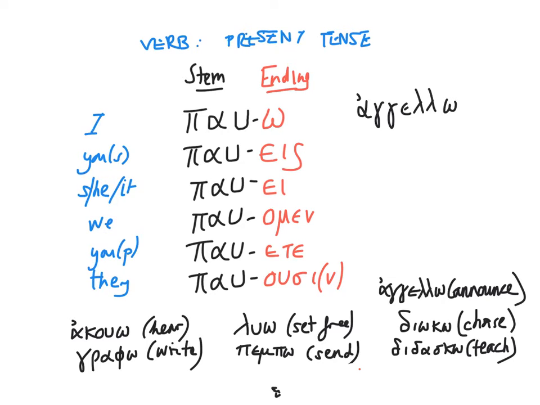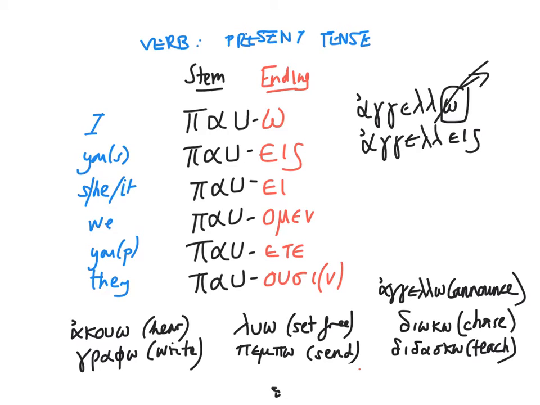Omega is the bit of the verb which tells you that I am announcing. But supposing I don't want to say I'm announcing, I want to say that you're announcing. Well, we'll get rid of that omega and we'll add the second person ending instead. And the second person, that is the you form of the verb, I can see from the table there, it is epsilon iota sigma. Angeleis means you announce.